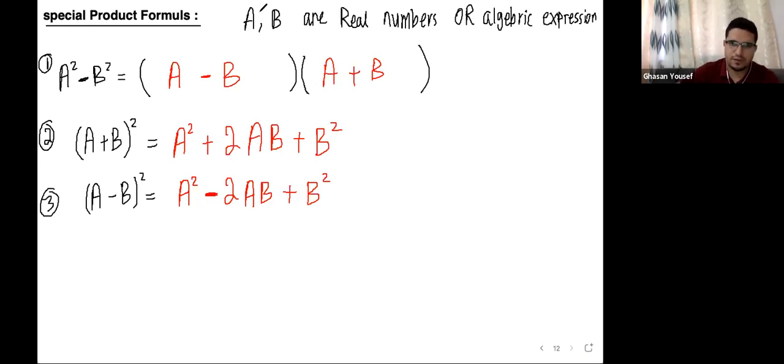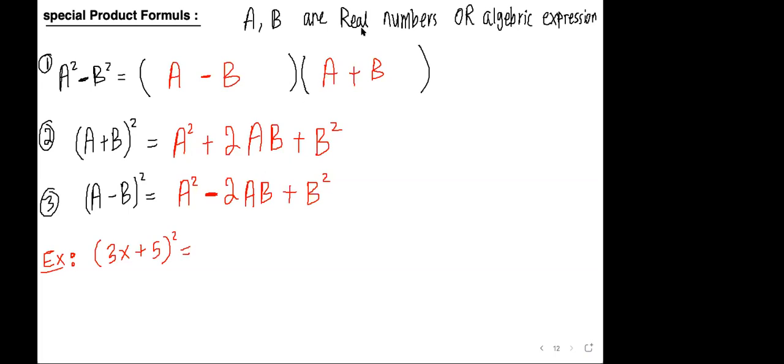So let me give you an easy example. What is the answer for 3x plus 5, everything squared? Who wants to do this one? Yes, go ahead. Since this is a binomial square, 3x plus 5 times 3x plus 5.